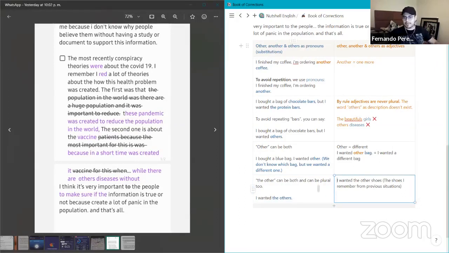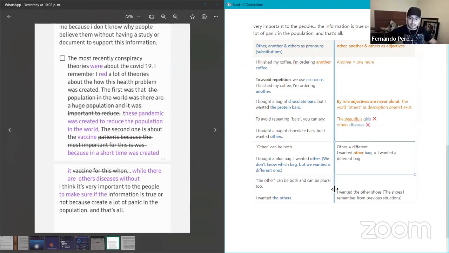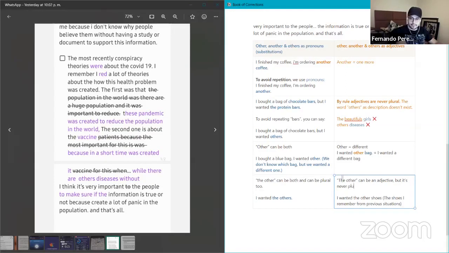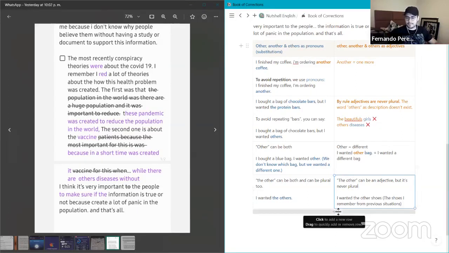The other can be both and can be plural too. The other can be an adjective, but it's never plural.